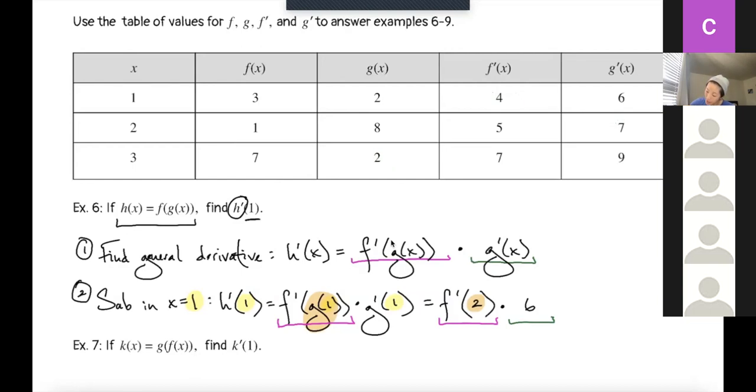All right, now we're almost done though. We haven't quite gotten our numerical answer. The last value we need to find is our f prime of 2. For f prime of 2, we're going to plug in 5. Good. So I've got 5 times 6, which equals 30.